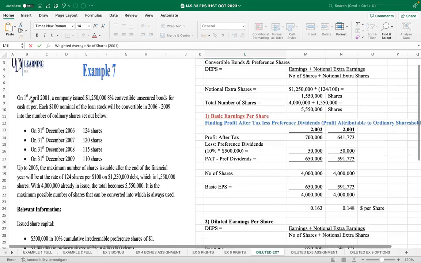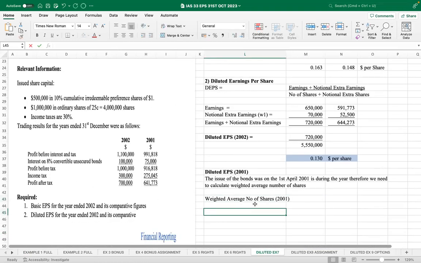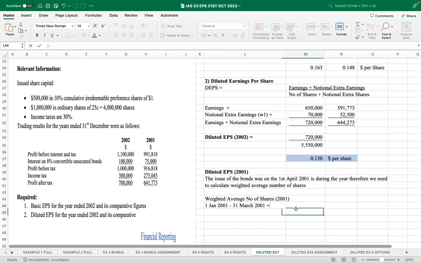Remember, the issue date was 1st April 2001. So the beginning of the year, 1st Jan 2001 to just before the issue on 1st April, to 31st March 2001. How many shares did we have before the issue?